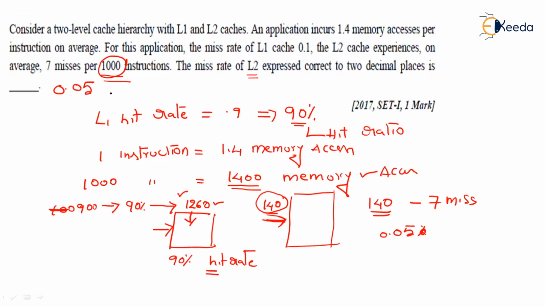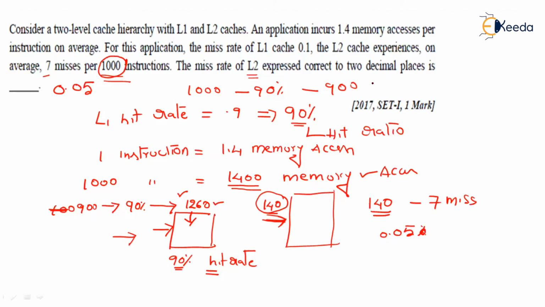One important piece of advice in solving this question is, you don't need to consider 7 out of 1000, because when you consider 1000 instructions, some instructions are available in L1 itself. How many? 90%. Out of 1000, 90% is equal to 900. These 900 instructions are available in L1 itself, because of the 90% hit rate.